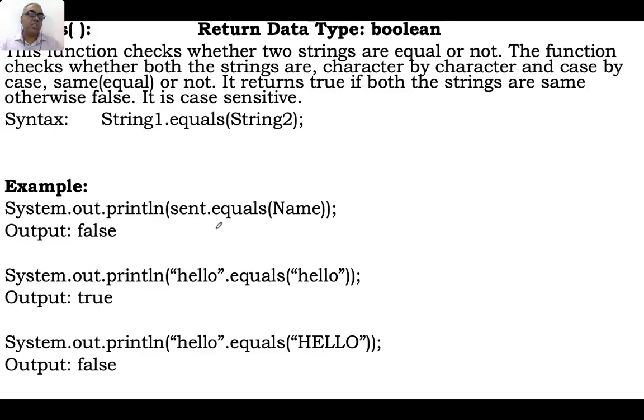So the first function in this category is dot equals. Equals is a function that checks whether two strings are equal or not, same or not. Now when it comes to equal or not, the function will check both strings character by character and case by case.